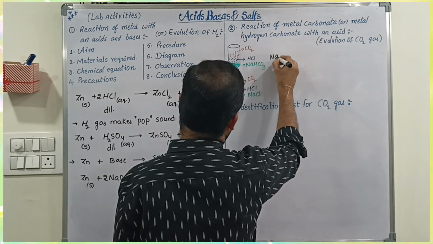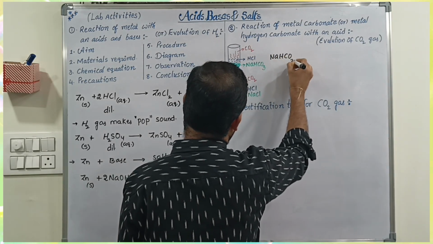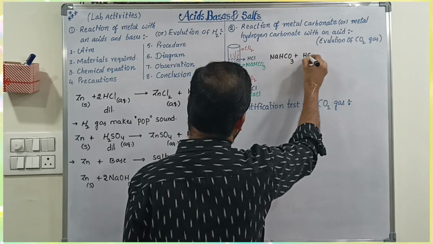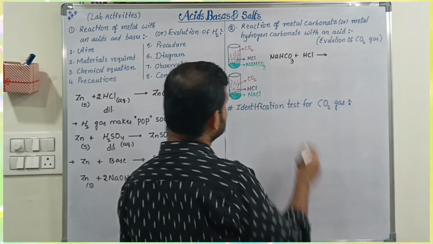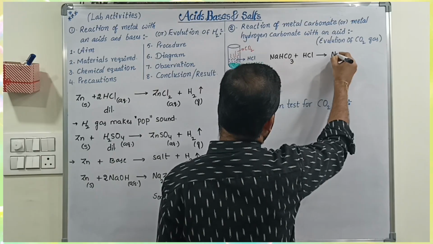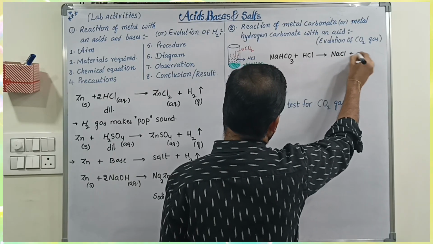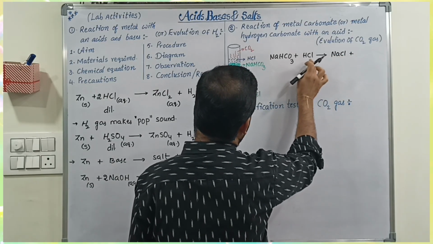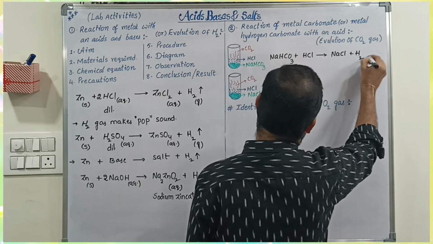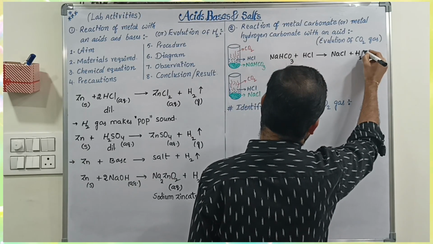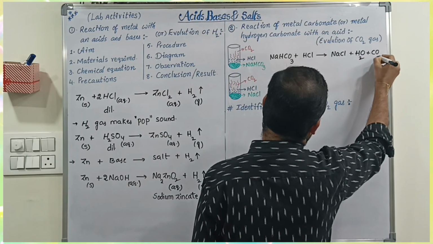Here sodium hydrogen carbonate reacts with HCl and forms sodium chloride, NaCl, and H2O, plus CO2 gas.